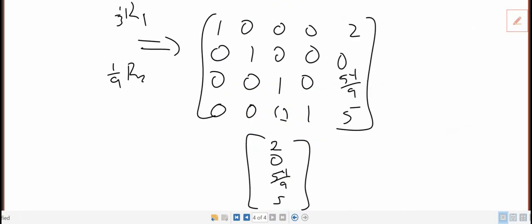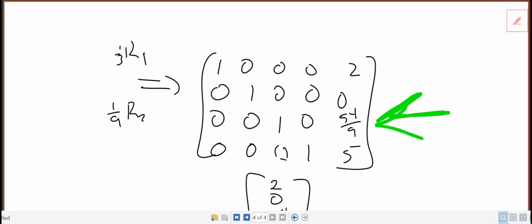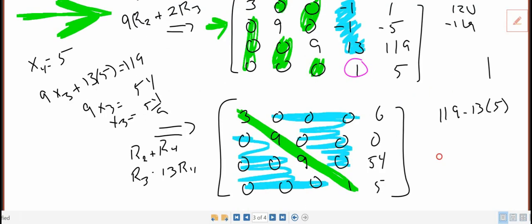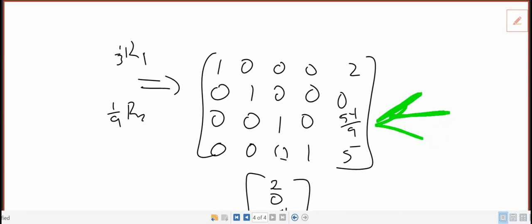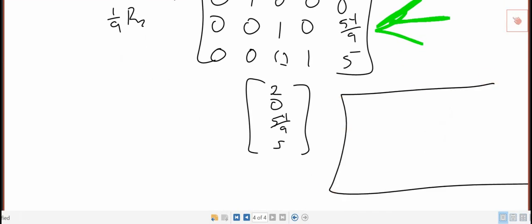That's the Gaussian. The Gauss-Jordan elimination is where you wind up with this. Okay? It does not matter how you manipulate these rows. There's just a few rules to follow. Okay? You can multiply a row by anything.